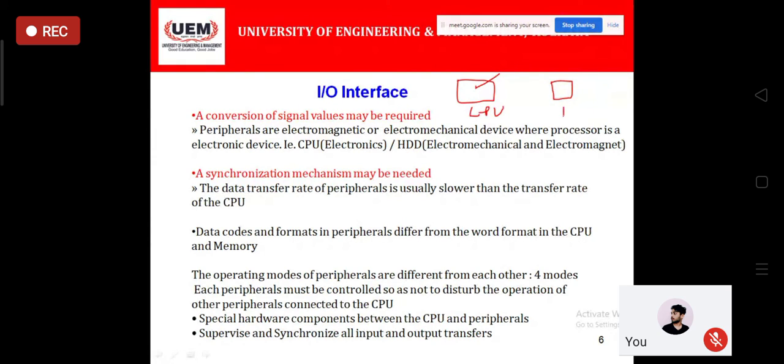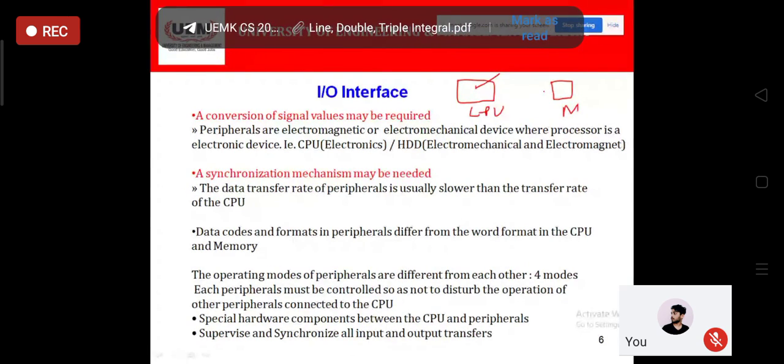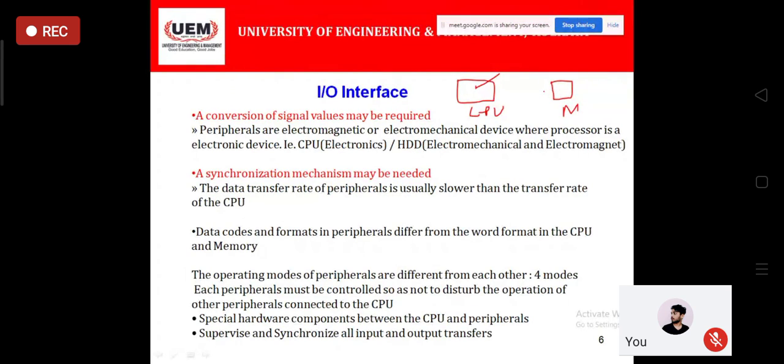And if you have some mouse here, you are pressing something, it is getting optically connected and the optical signals are passing, converted into electrical, some transducers are there, and then it is passing through the interface. Okay, so there is certain thing that is connecting your CPU and all these things.